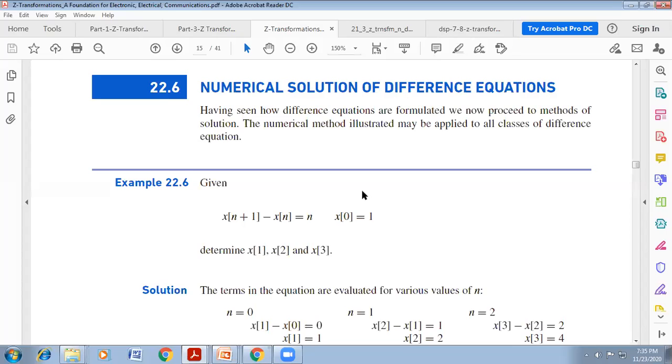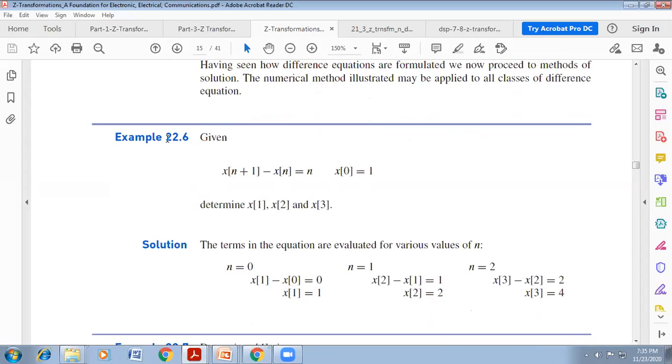Okay, now the numerical solution of a difference equation. Now having seen how difference equations are formulated, let us proceed to methods of solution. The numerical method illustrated may be applied to all classes of difference equation. Suppose you consider the given equation xn plus 1 minus xn equals n. This is the initial value problem of a difference equation.